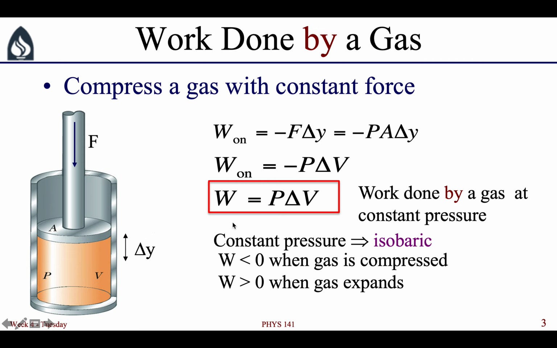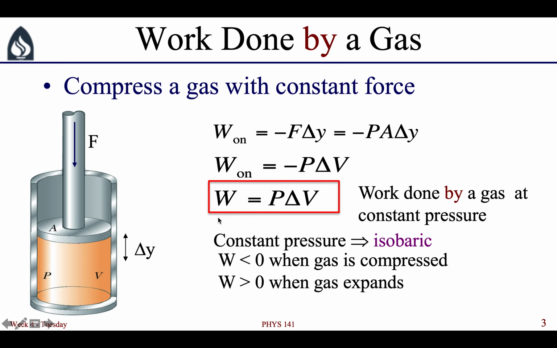So in our textbook, W without a subscript is defined as the work done by the gas. You will encounter other textbooks that use the opposite convention. They use plain W to represent the work done on the gas, and it can get kind of confusing. So the important thing to do is to maintain consistency.